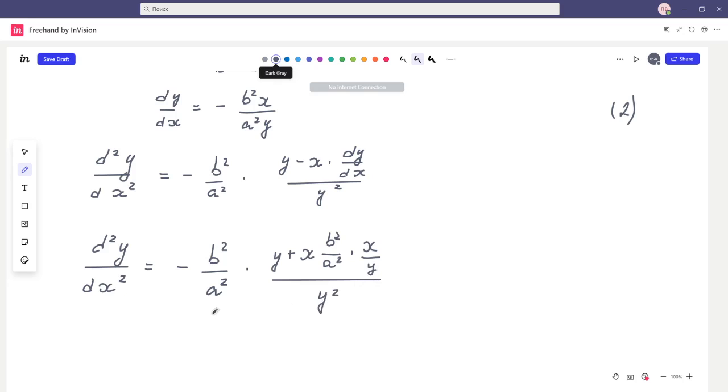Or, after simplifying, we have d second y over dx double equals minus b squared times a squared y squared plus b squared x squared over a to the power of 4 y cubed.